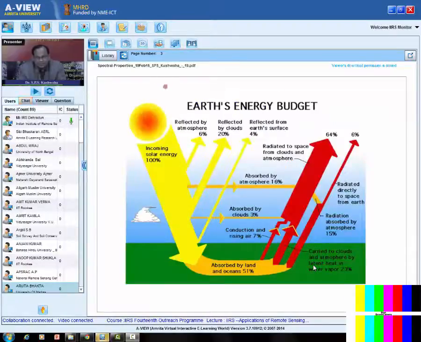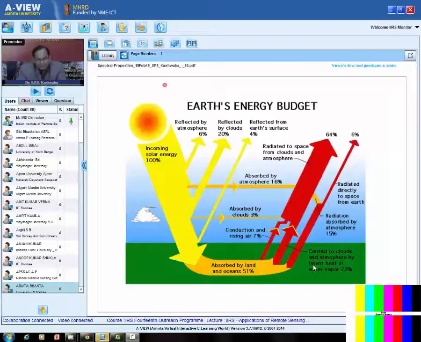Now in this slide you try to see Earth's energy budget. Yellow is the incident radiation which is intercepted in the atmosphere before it reaches the oceans or the land. I will not get into details of these fractions, but as I go you will realize that most of the energy is received in the shorter wavelength region, but after striking or absorption by the land and waters, it gets converted into something called longer wave radiation or heat.